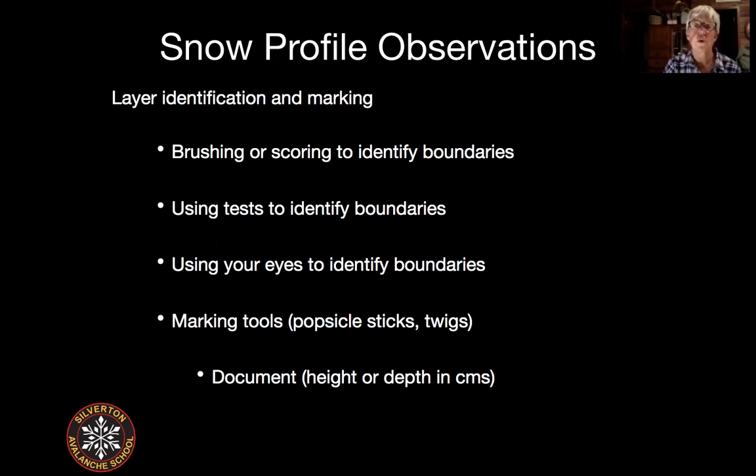That'll help you to know what the snowpack looks like, so that when we're practicing before the exam, you'll have some idea of what the snowpack layers and interfaces look like already. That'll help you. So you can use a brush to identify the boundaries.